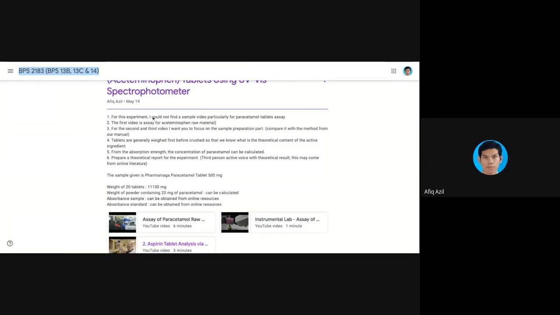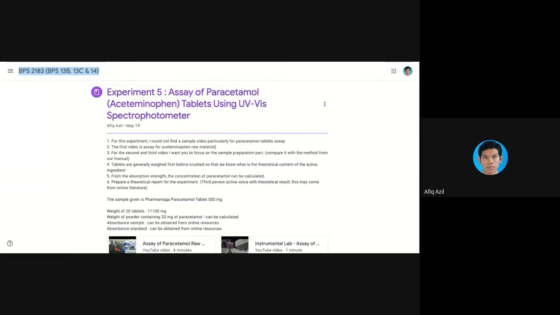And this one, the assay is using a UV spectrophotometer. Other assays for other formulations or other APIs may use HPLC. That means you prepare the sample and it has to be injected into an HPLC, which is more complicated, but it will be more accurate than using just normal UV.